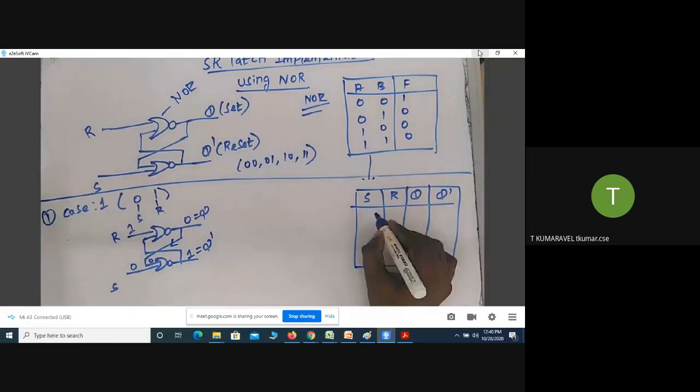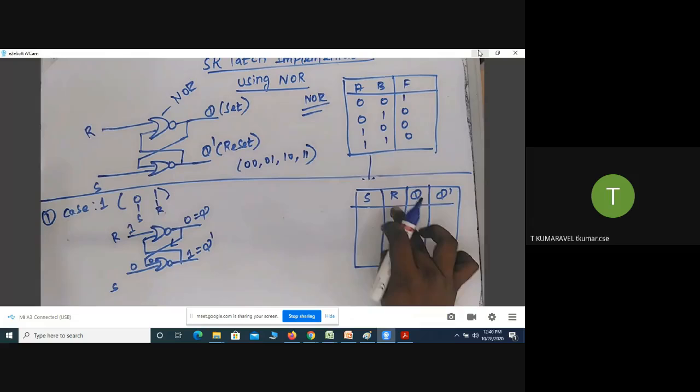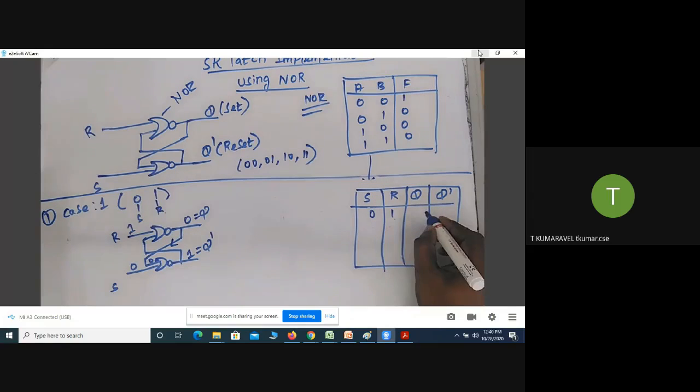Suppose I am taking the input as 1, 0. What is it going to do? The output is 0, 1. The Q equal to 0 and then Q bar equal to 1. Is it okay for you?